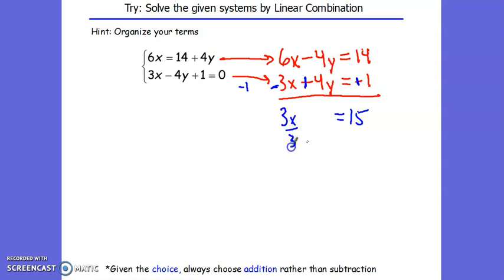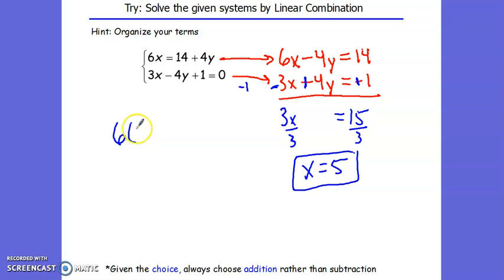So now if I divide by 3, very simply, x equals 5. And we have, again, half of our answer. Again, take that 5, we'll plug it back in. Let's go to the equation we didn't really do very much to, that top equation. And we could say that 6 times x, which we know is equal to 5, minus 4y is equal to 14.